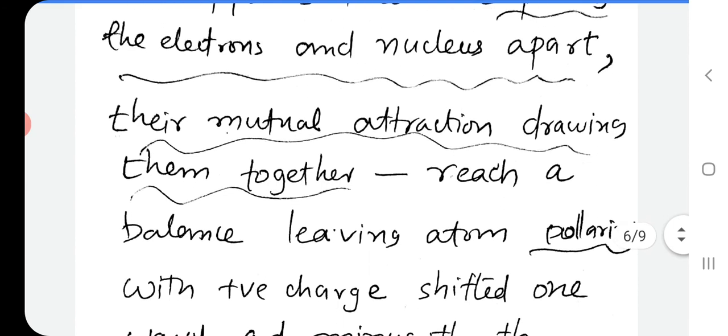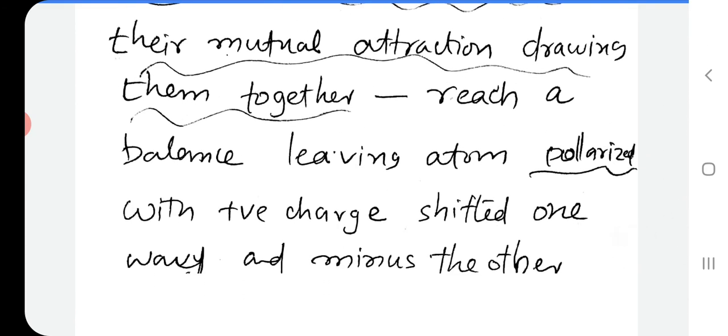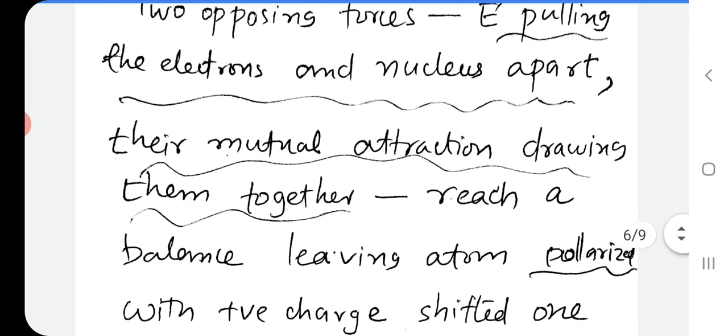The atom is now polarized, with the nucleus shifted one way and the negative charge pushed the other way.